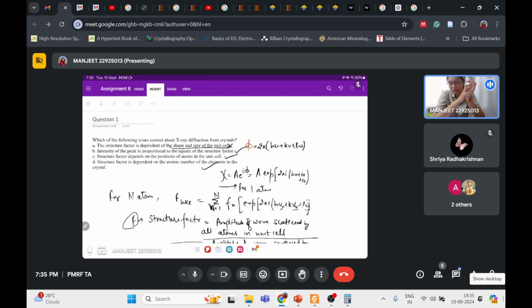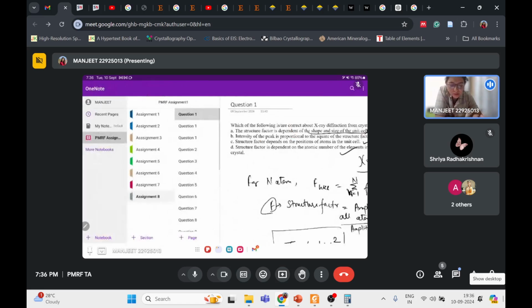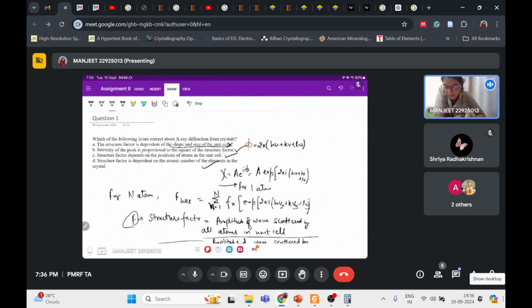What are the correct statements for XRD diffraction? Structure factor, we know, is independent of shape and size. Intensity depends upon the structure factor, and the structure factor depends upon the HKL value and the position of the atoms in the unit cell, and also upon the atomic number of the element in the crystal.